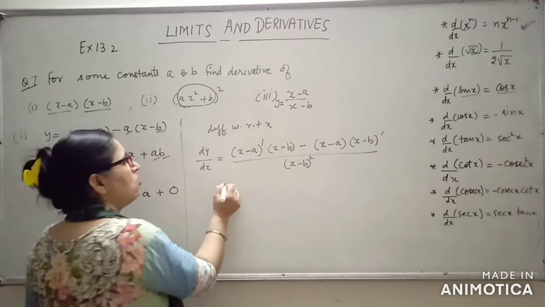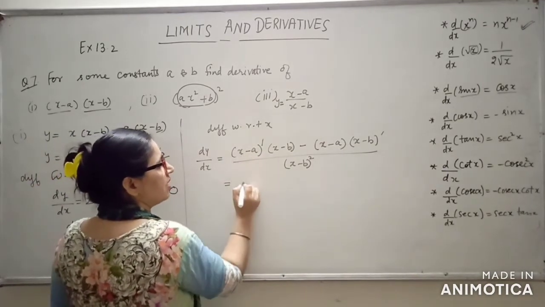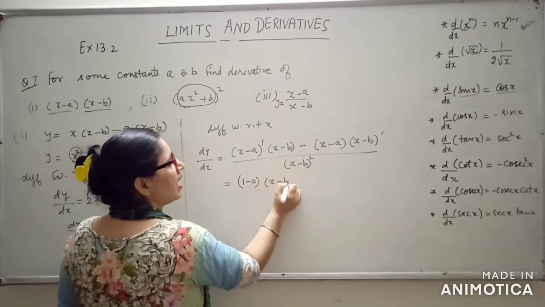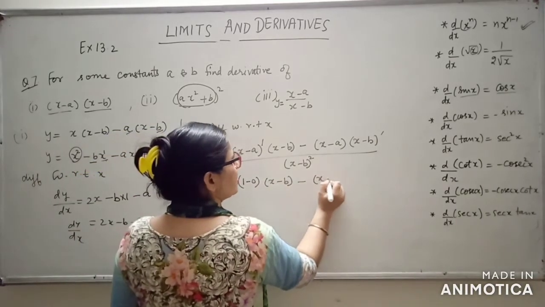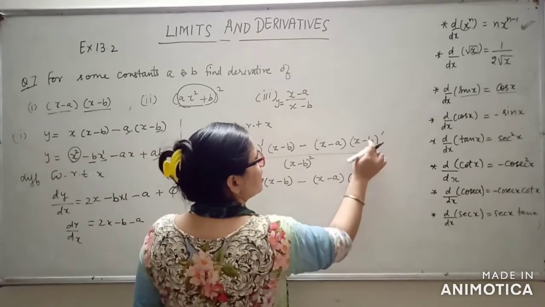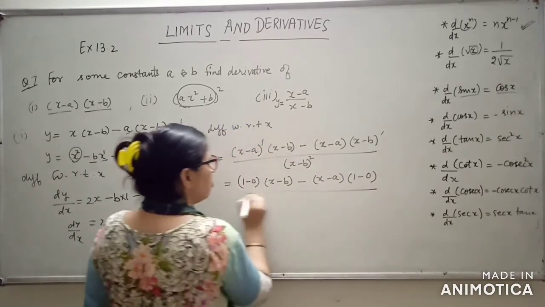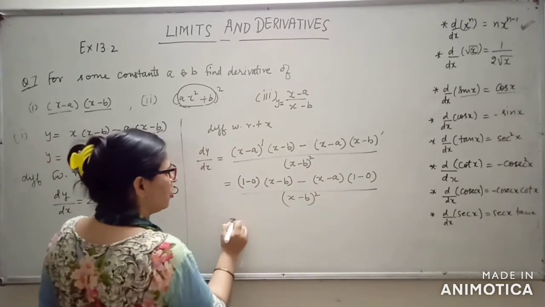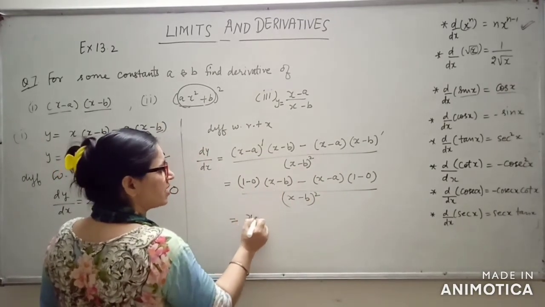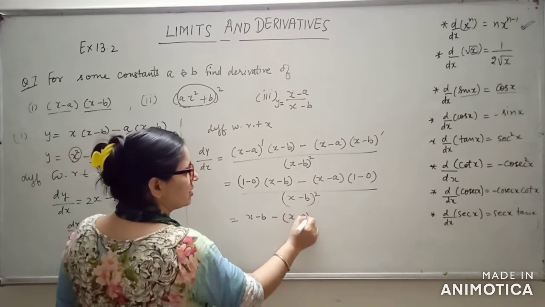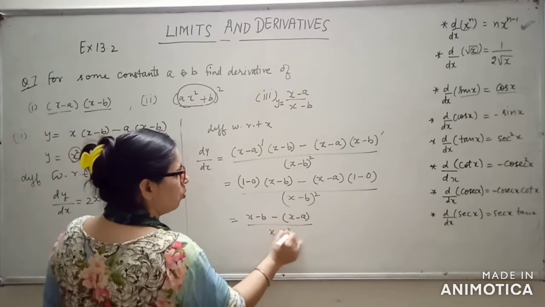Now the derivative of x minus a: the derivative of x is 1, minus the derivative of a is 0, times x minus b as it is, minus x minus a as it is, times the derivative of x minus b: the derivative of x is 1, minus the derivative of b is 0. Now take the square of this denominator. 1 is multiplied with x minus b, 1 is multiplied with x minus a, upon (x minus b) whole square.